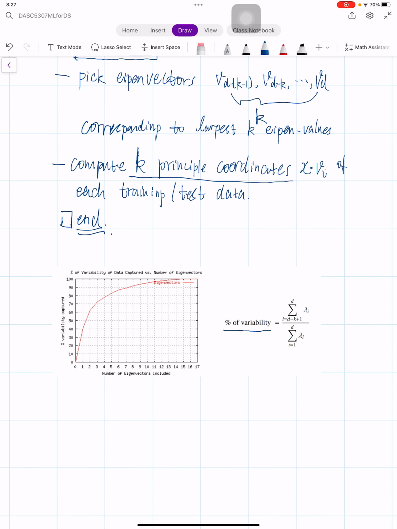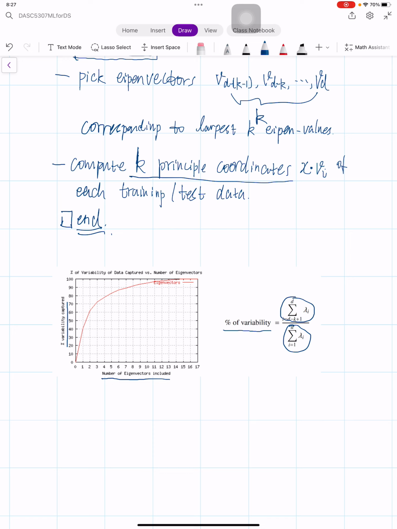In this example, the x-axis is the number of eigenvectors included, and the y-axis corresponds to the percentage variability captured, which is calculated as the sum of the first k eigenvalues divided by the overall eigenvalues.